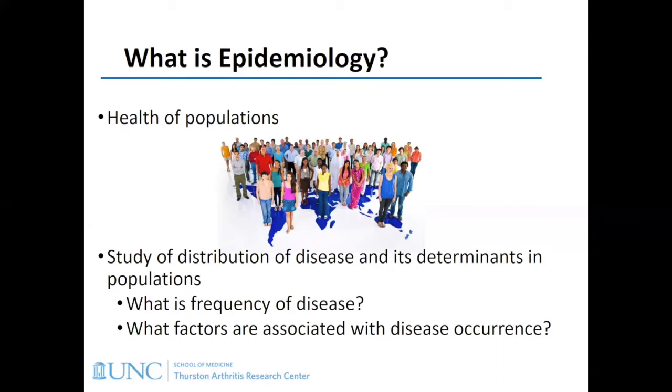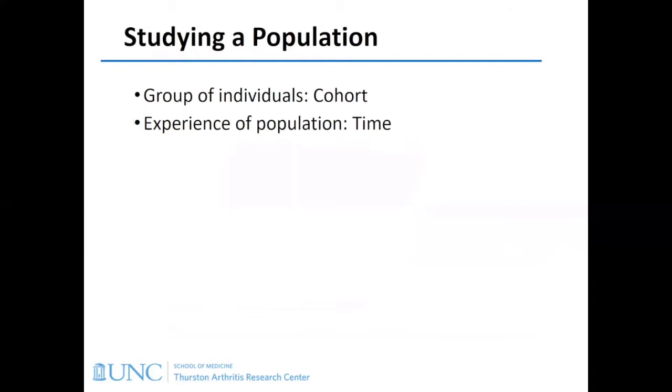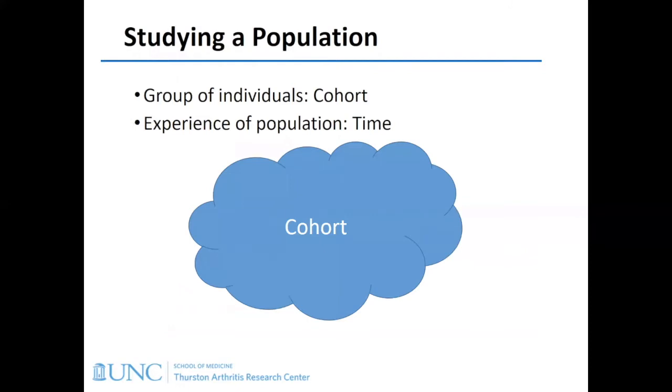And then we're also interested in looking at the factors that are associated with that disease occurring. In studying a population, we're looking at a cohort, which is just a group of individuals, and then we're trying to determine the experience of that population within a certain amount of time.